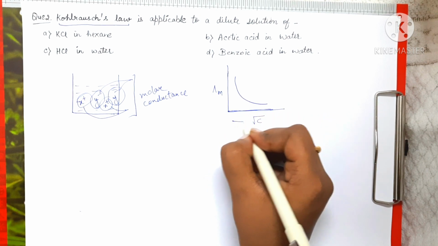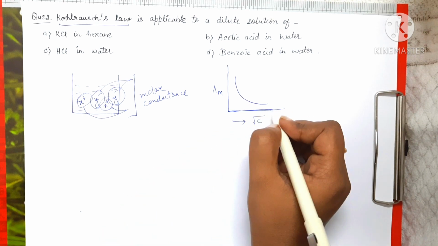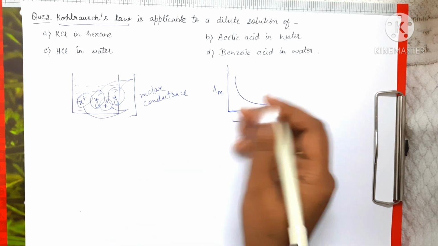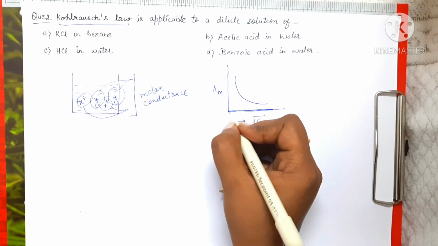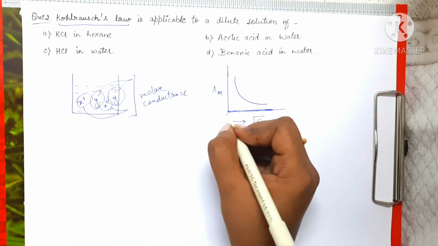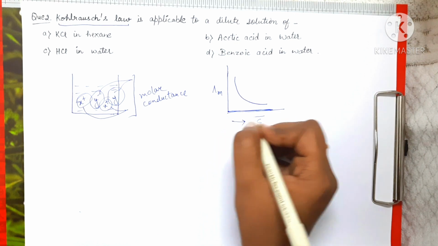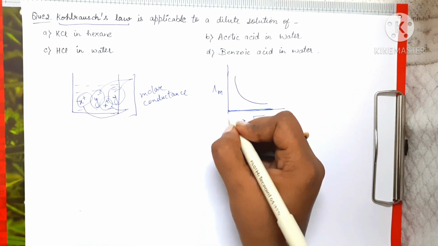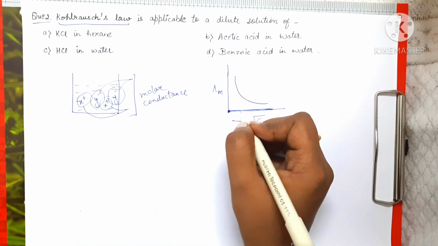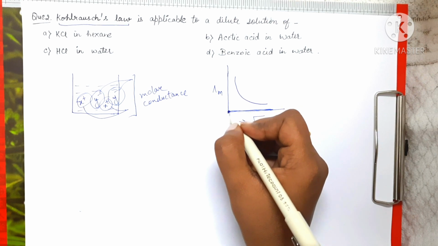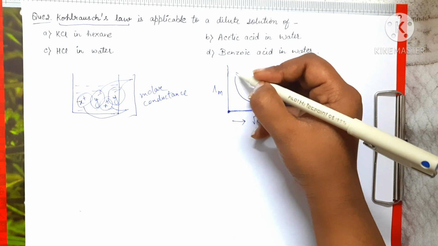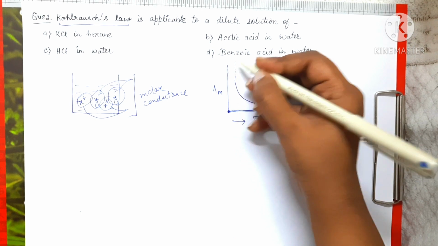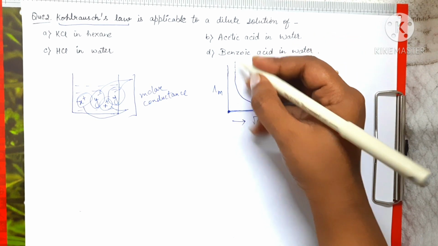On this side concentration is increasing, and moving this way, concentration is decreasing. At this point, we have infinite dilution, where concentration is approximately 0. We cannot find the value of lambda m because in this graph it is reaching infinity.